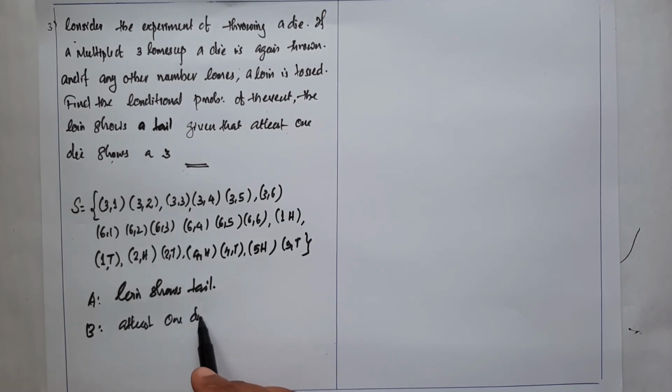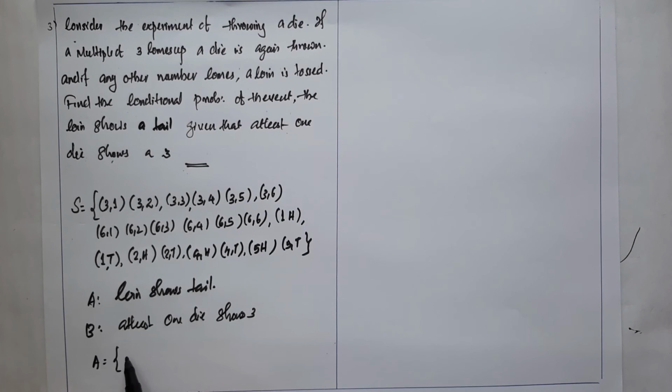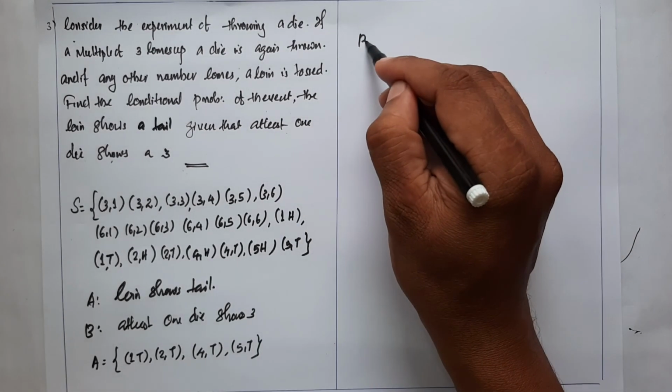Therefore the elements of the event A, the coin shows tail, are 1T, 2T, 4T, and 5T.